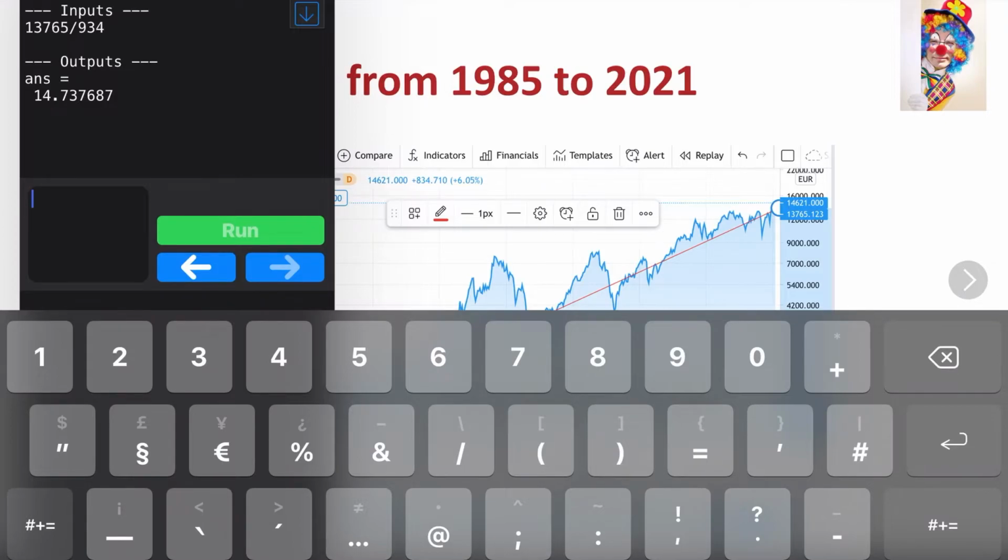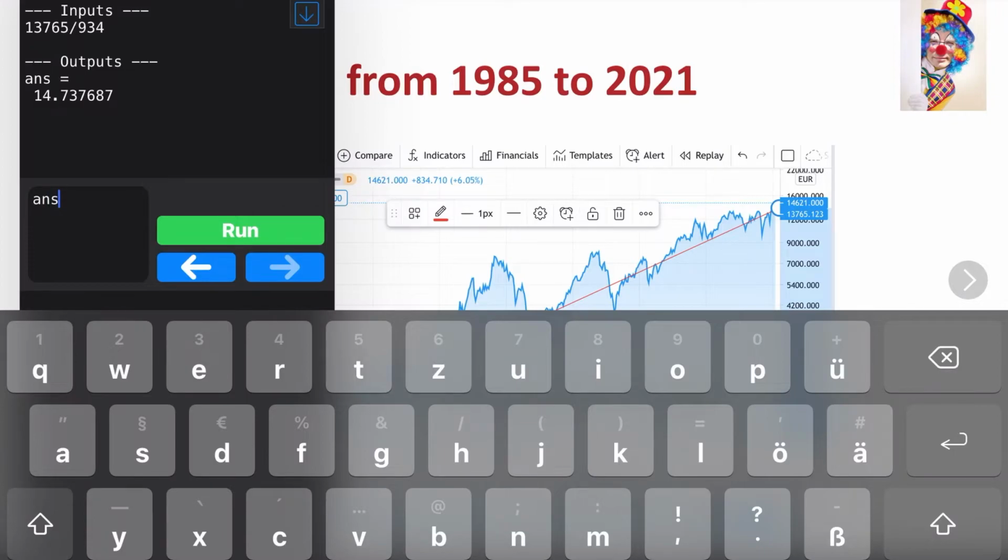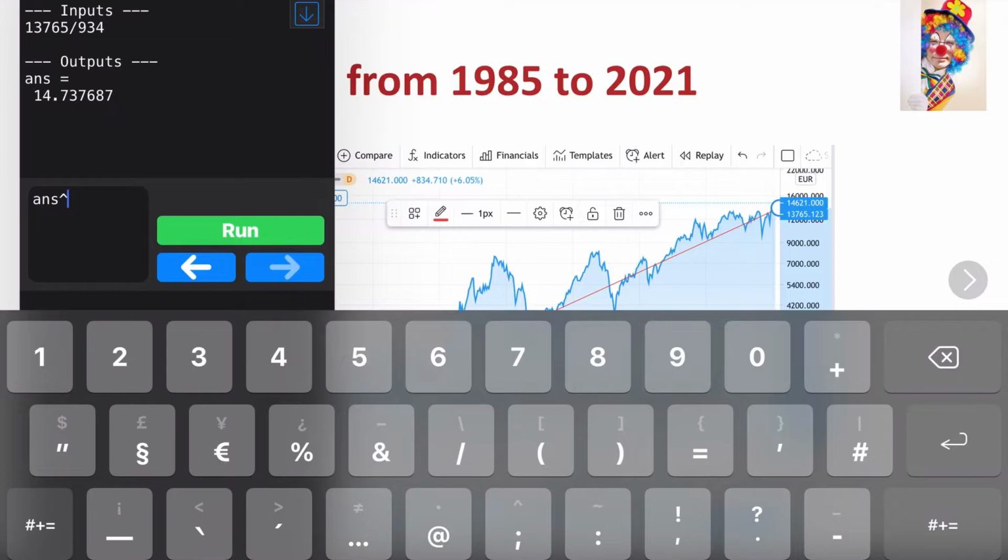And if you want to have the x factor for 1 year instead of for 36 years, you have to do the opposite as in the slide before. You are taking this value and you have to take the power not of 36, you have to take 1 over 36. And then you will get the x factor in average for 1 year, 1.077, and this is 7.7%.